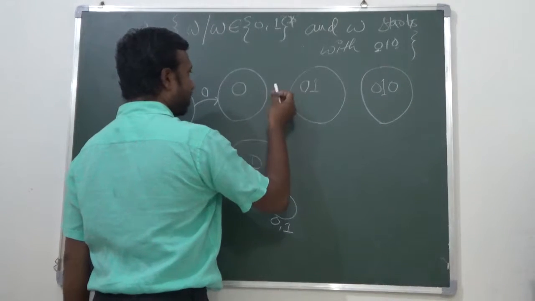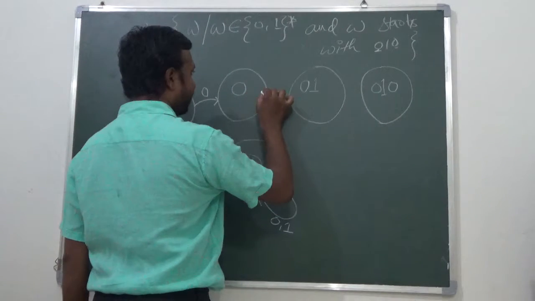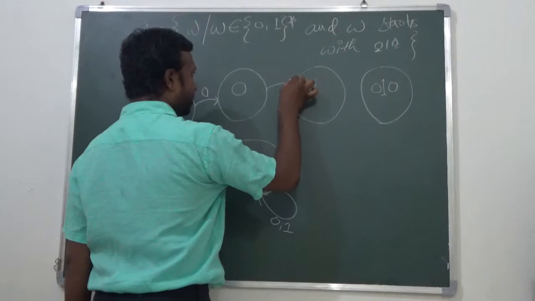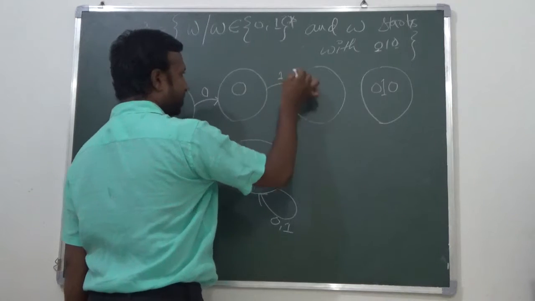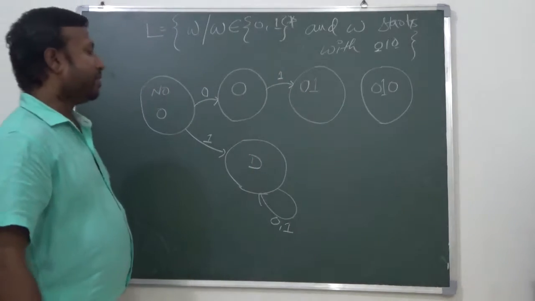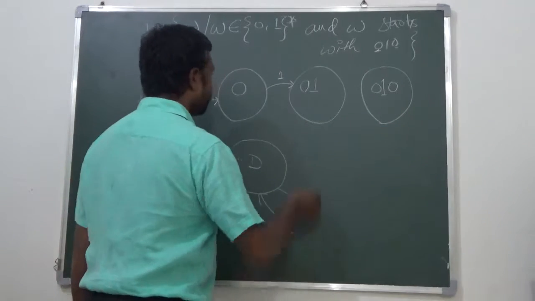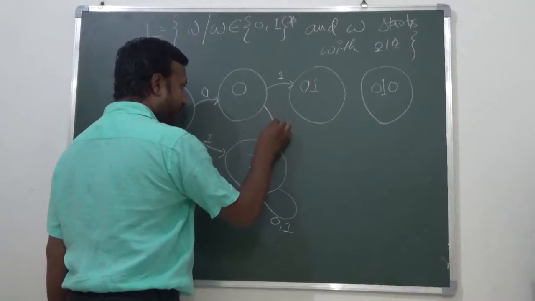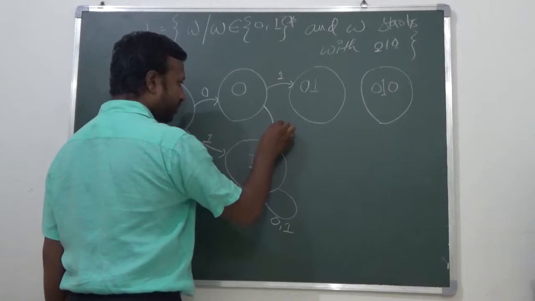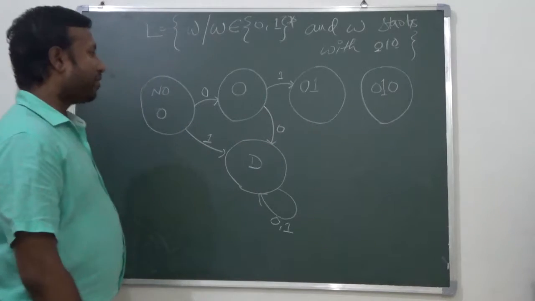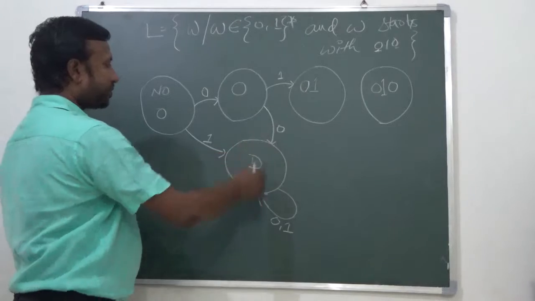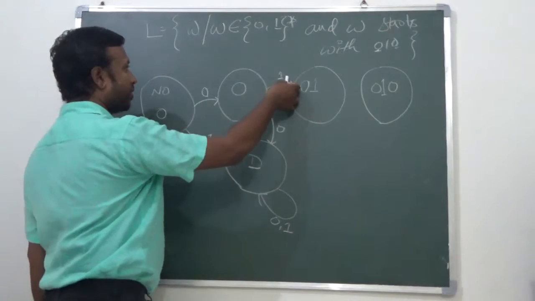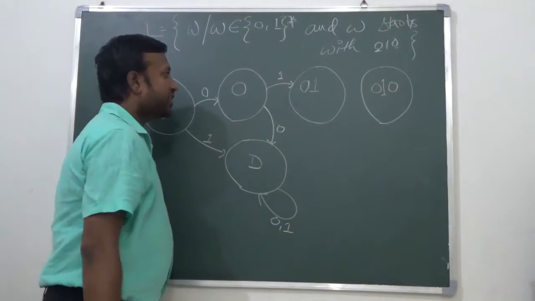Now, after the first symbol, if I am getting a 1, then I am on a valid track. But then if I am getting a 0, then also I am violating the rule because the second symbol should be the 1, not the 0.